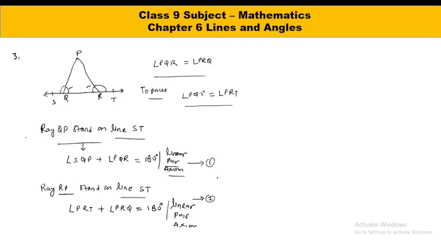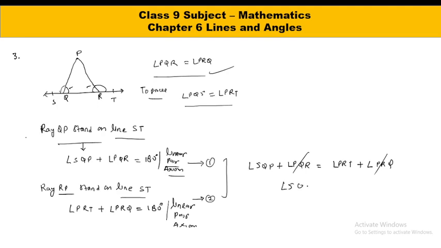From these two equations, if we compare, we can say that angle SQP plus angle PQR will be equal to angle PRT plus angle PRQ. Here from the given part, PQR and PRQ are equal, so they will cancel each other.